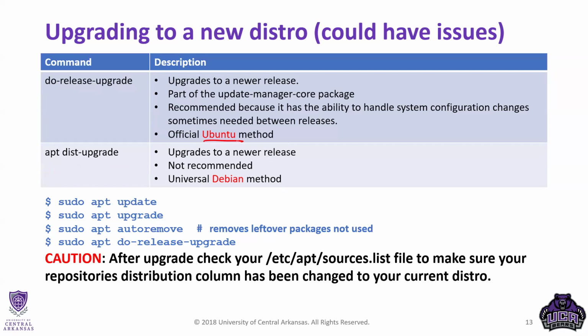Ubuntu is based off of Debian, but they have an official one. A lot of the time your configuration files change, and this method right here will ruin them. So they have a method specifically for their custom stuff, and it's going to preserve those configuration files for you.